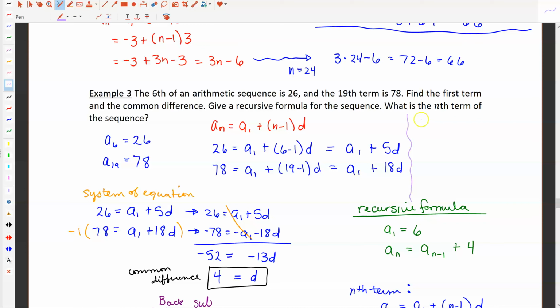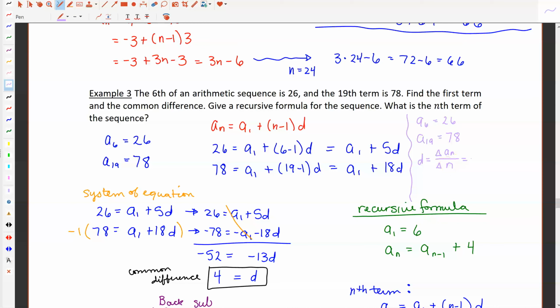All right, so I was given that a sub 6 is equal to 26, and a sub 19 is equal to 78. I said you could think about the common difference as a slope. I can think about the common difference as the constant change in my output, which is a sub n, over a constant change in my input, which is the value for n, the position of where I am in the sequence.